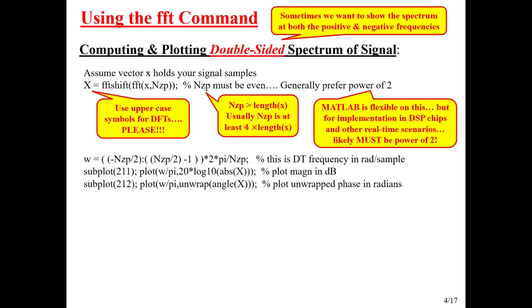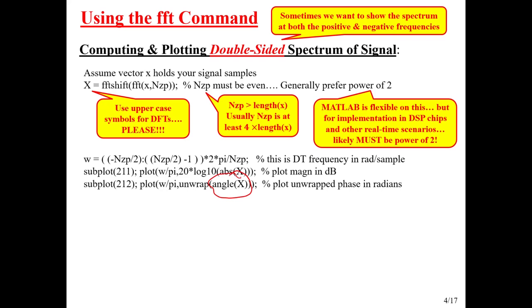So it might be negative 0.99 pi. And so you get a jump, and that jump covers a range of 2 pi. So what unwrap does is it goes through and looks for those jumps that would occur from the angle command, and then it just adjusts for those.